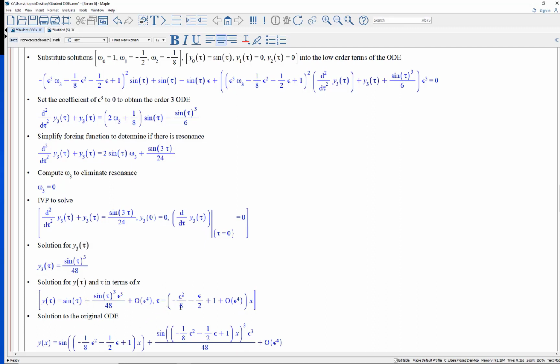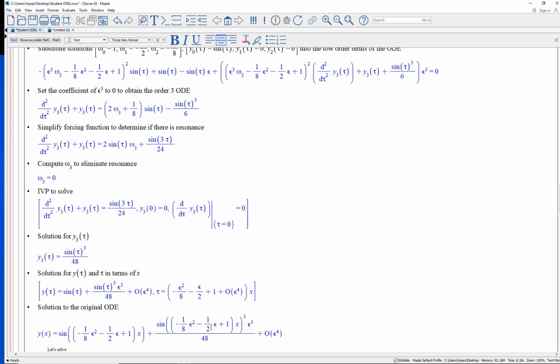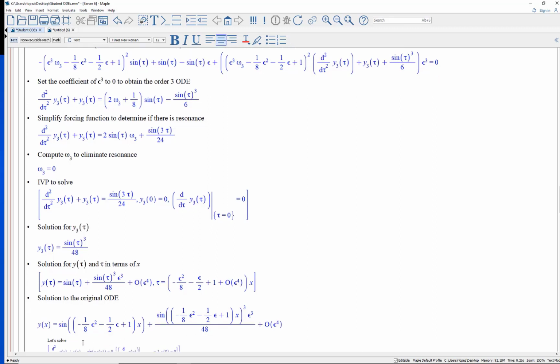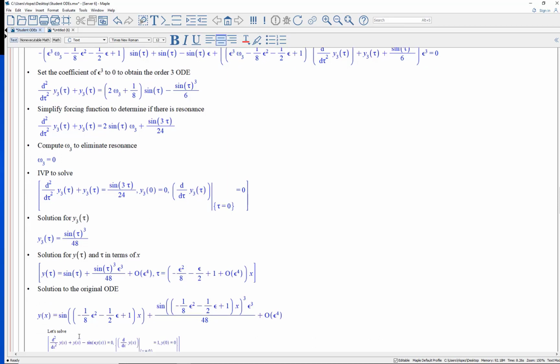Right? See that tau is replaced by this, and it's here. Again, in the sine cubed, you get this. All well and good. Now, look at what's down here. It's a repeat of the solution that we just saw.